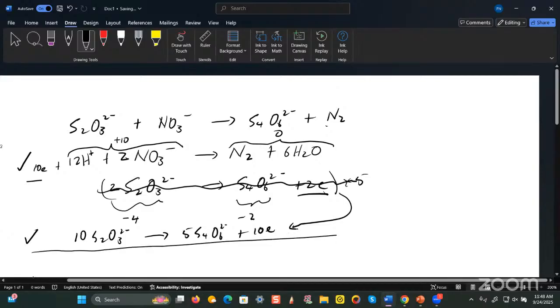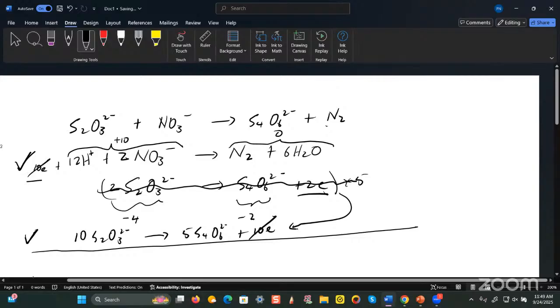Let me write down here at the end the sum of that addition. What will cancel out when you add this equation to this equation? The electrons. The electrons will cancel out. So these 10 electrons will cancel out. And based on what I see here, nothing else will cancel out.